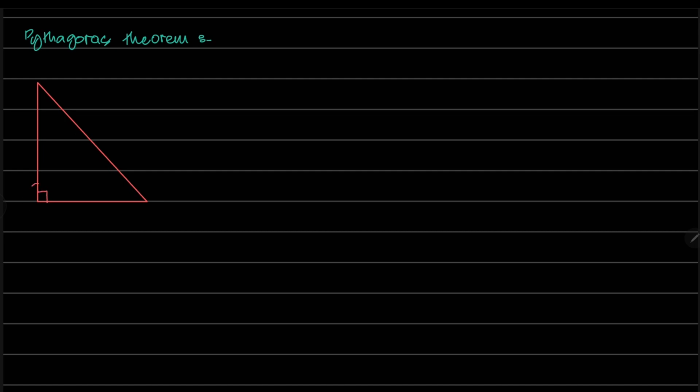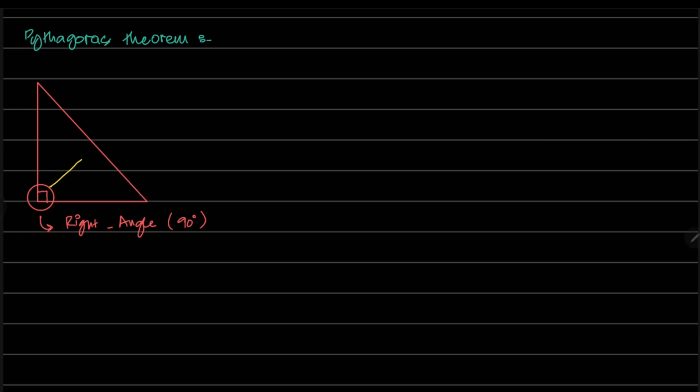This little box right here is an indication that my triangle has a right angle, or 90 degrees.